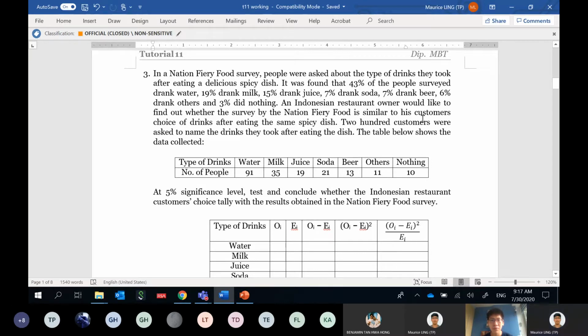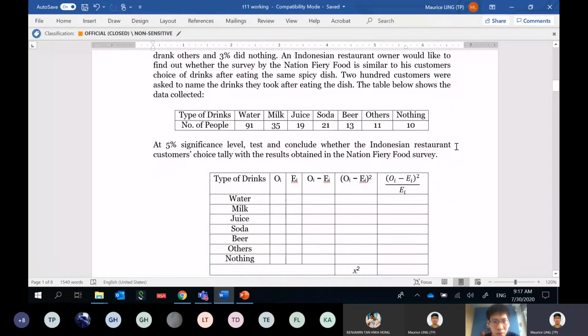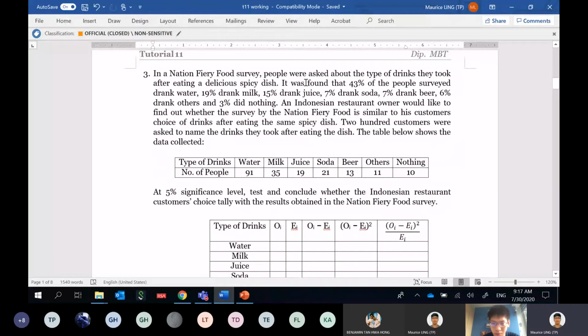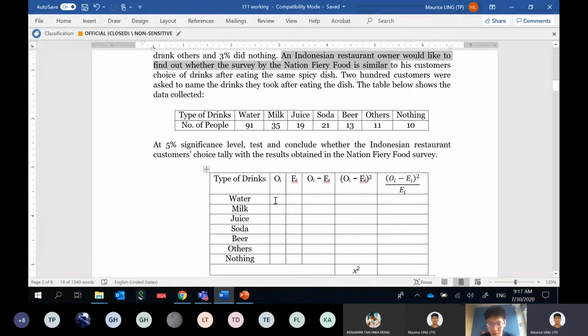Now, if you have 200, these are the people who were surveyed. At a 5% significance level, it was one survey of an Indonesian restaurant, wanting to find out whether the survey by the company is similar to its customers. So what you have to do is just fill up these two columns.